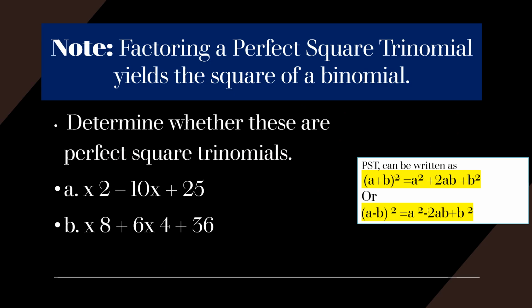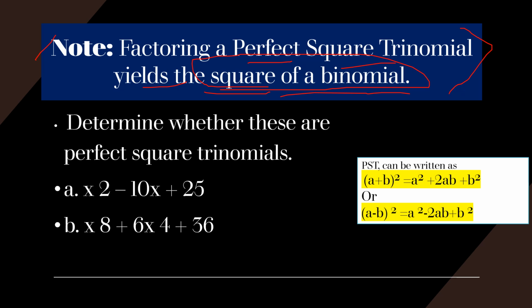So here is a note. Factoring a perfect square trinomial yields the square of a binomial. This means that a perfect square trinomial is a trinomial that can be factored into the square of a binomial. So remember that.